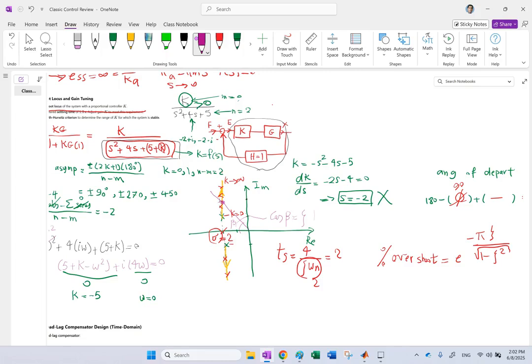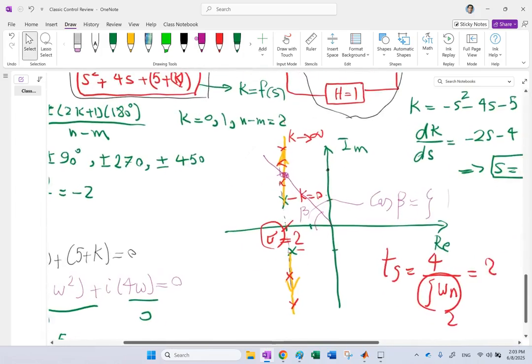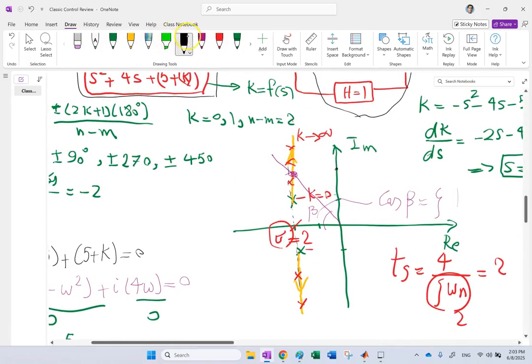Now, clearly in the system, your angle cannot be less than this angle here, right? This angle is the minimum angle or the maximum zeta that you can have, and that is the zeta that we had in the system, 2 over square root 5. So in this system, I cannot improve the overshoot anymore. There is no way I can reduce the overshoot from that 5.9%.